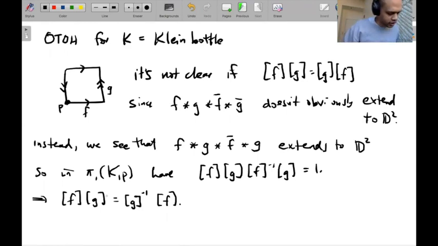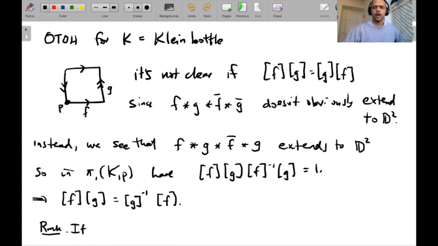This is some other relation. And so a remark: we know this relation holds, and we're not so sure if this other relation holds.